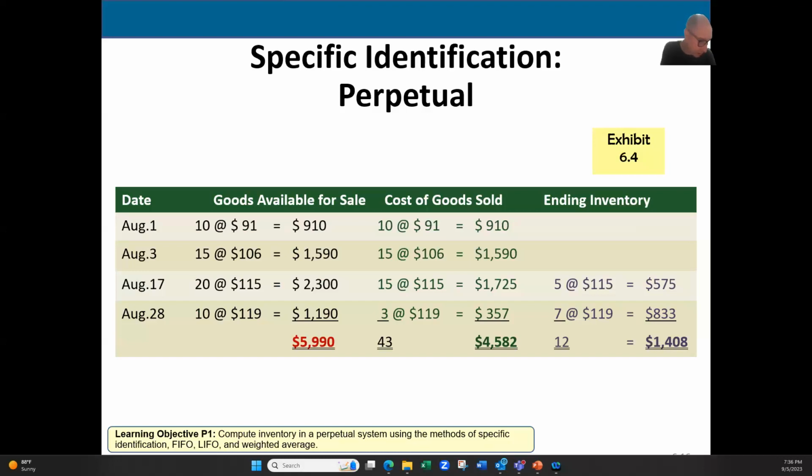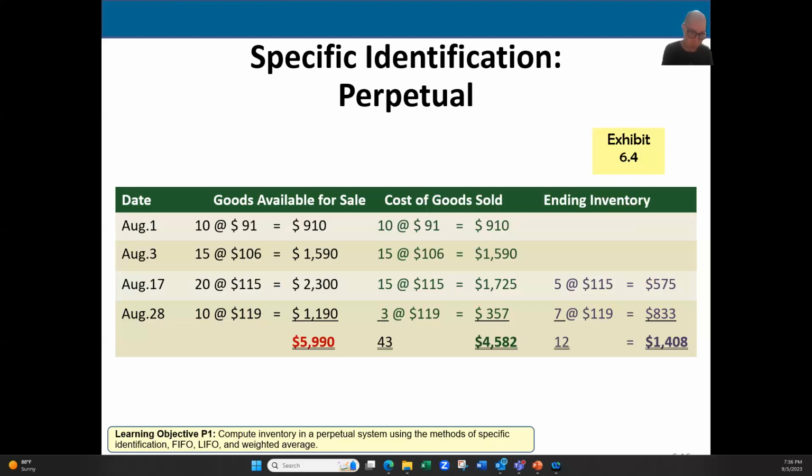We bought 3 bicycles at $119 a piece. On the sales side, we sold total goods available for sale after all of our purchases. We have $5,990 of inventory available for sale.